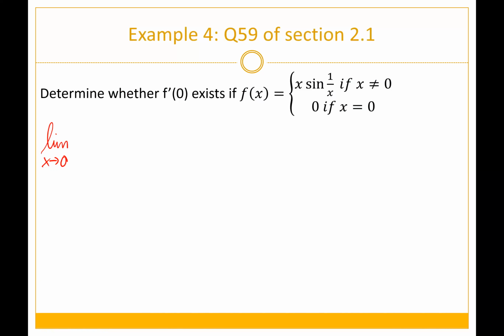So you have the limit as x approaches 0 of f of x minus f of 0, divided by x minus 0. Why do I write this? Because by definition, this is equal to f prime of 0.